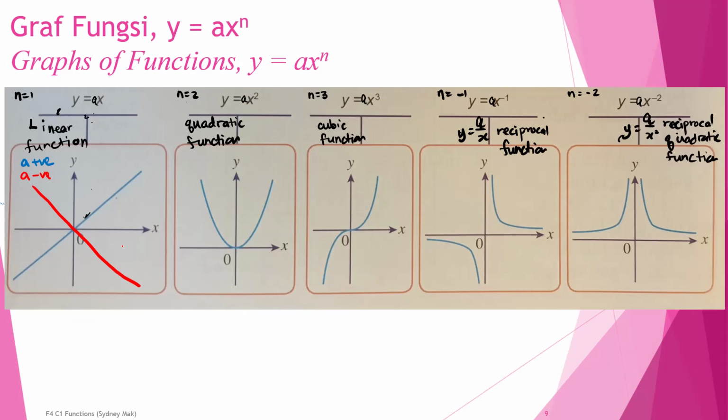How do I know go up or down? If I look this way, then I can say go down. But when we say up or down, it depends on from small x to big x.